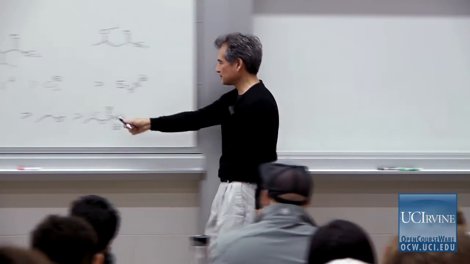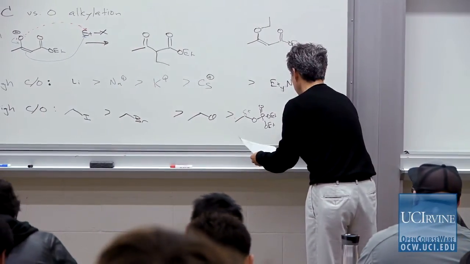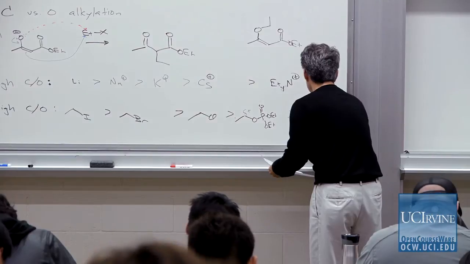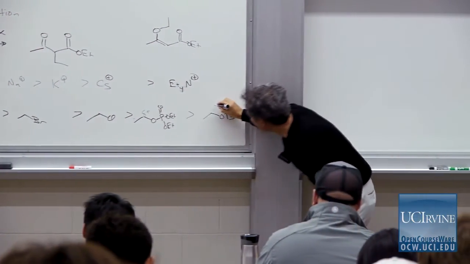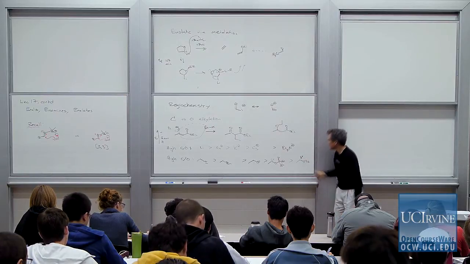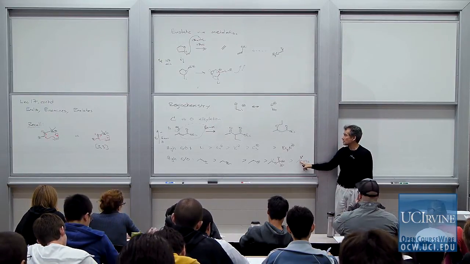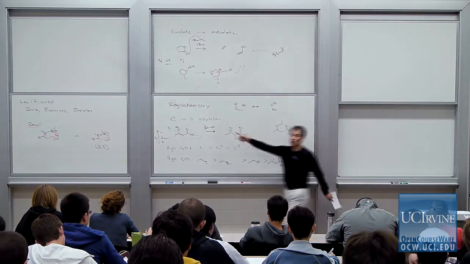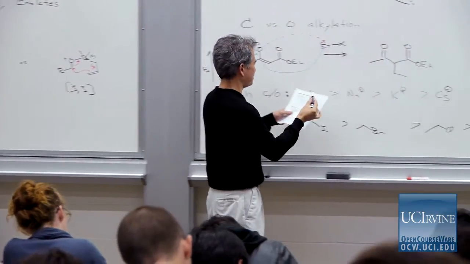This is very reactive for a very different reason. And finally, at the bottom of my list, I've got the tosylate, the sulfonate leaving group. Now there's a great deal of partial positive charge here. The more partial positive charge here, the more I'm going to see reactions that are governed by charge, and that means more O alkylation.